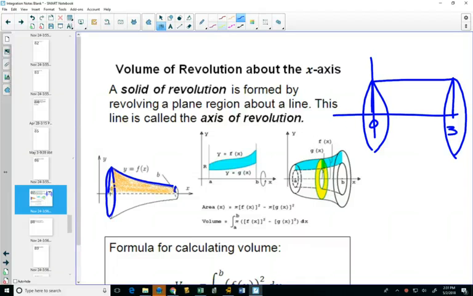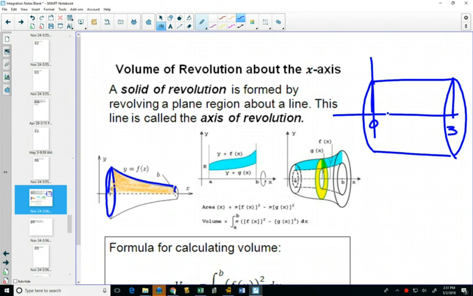You wouldn't actually see this line. As you rotate it, whatever it's touching is filled in. So that would create a volume.